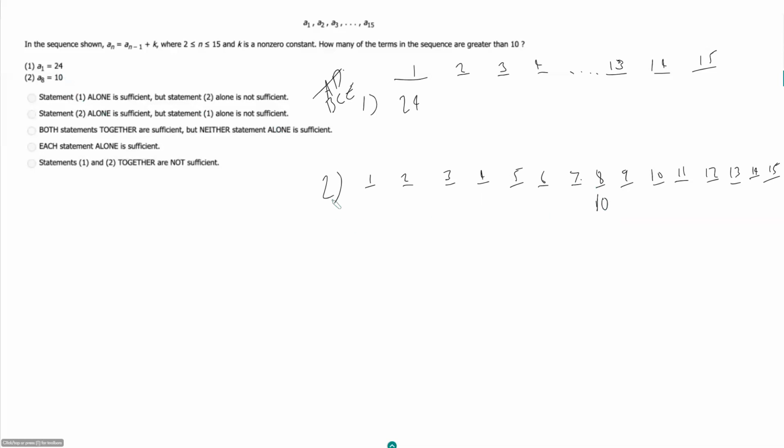It means that starting from our first term, we are either building up to this 10, or we are building down to it. What will happen in each of those two cases? If we are building up to our 10, all of the numbers 1 through 7 should be less than 10, and all of the numbers after it will be greater than 10.